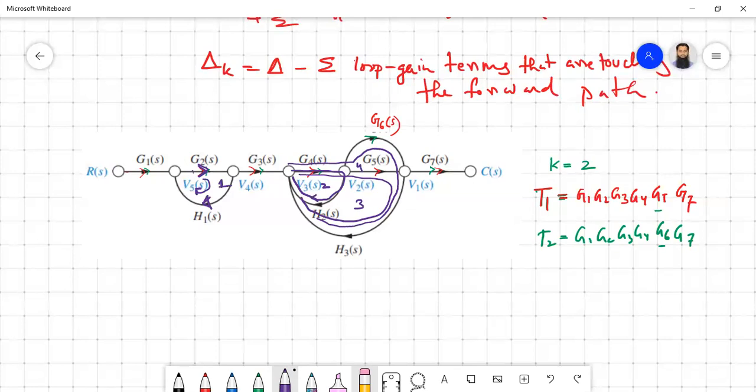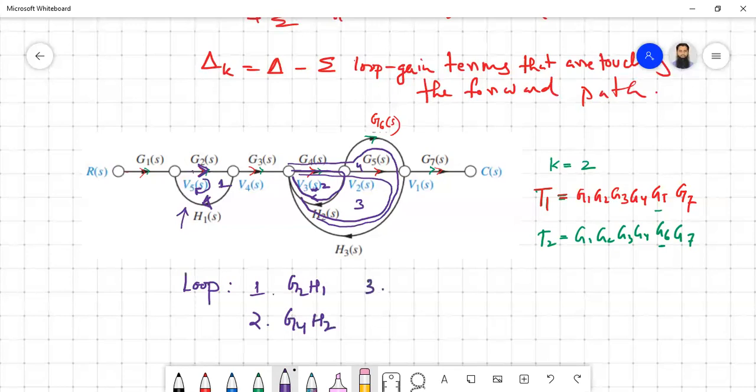Okay, so what are the loop gains? Number one is this one. The gain of that one is G2 H1. Number two is this smaller one here. This is G4 H2.